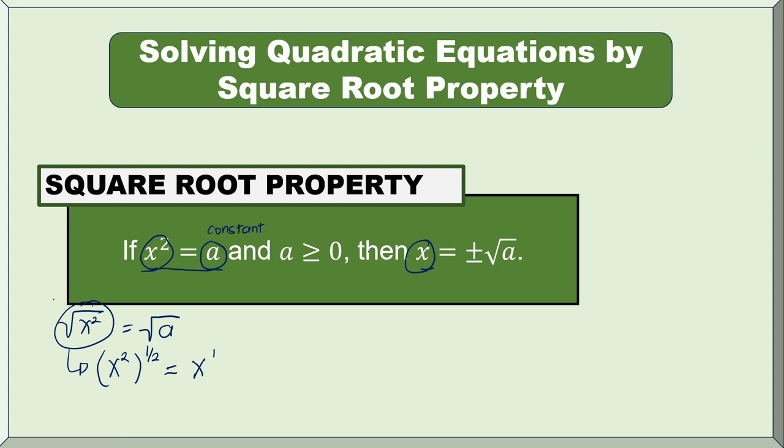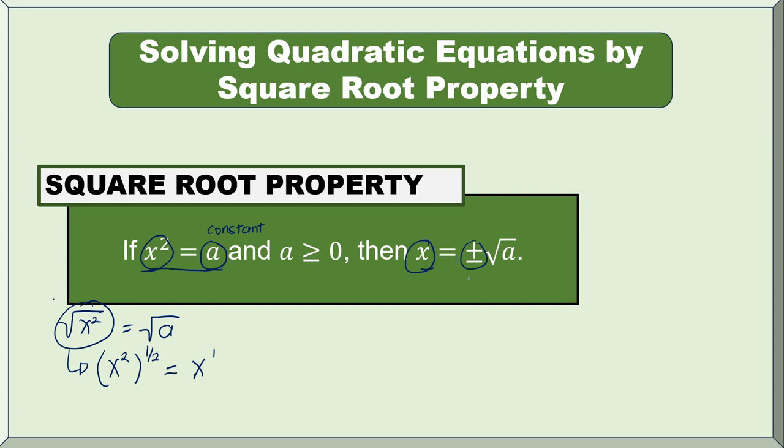And notice that the solution has a symbol of positive and negative, which indicates that the two resulting values for x are the positive and the negative square root of a.